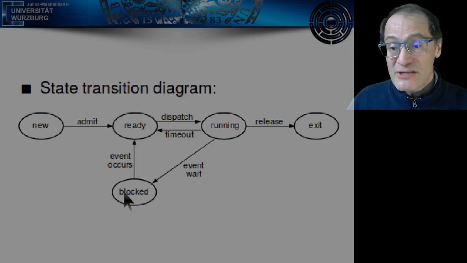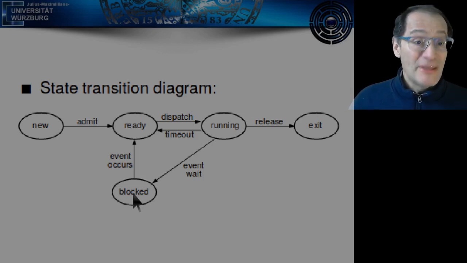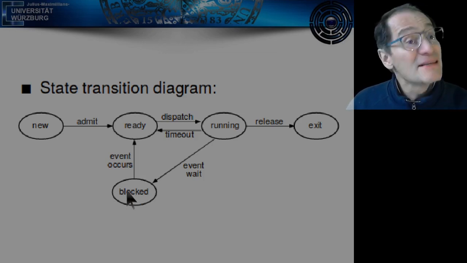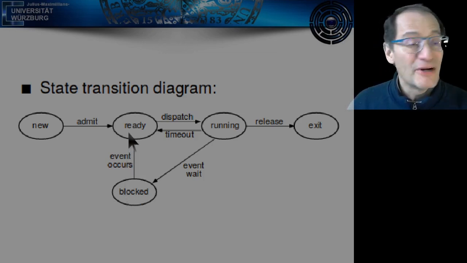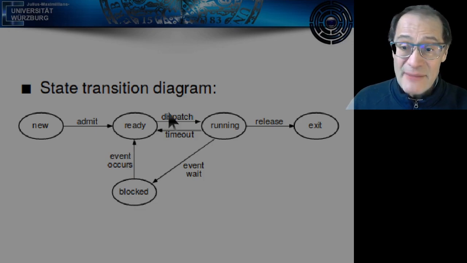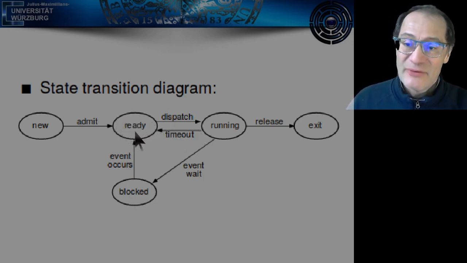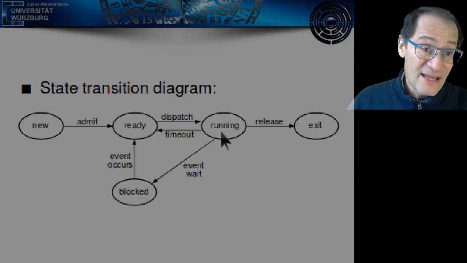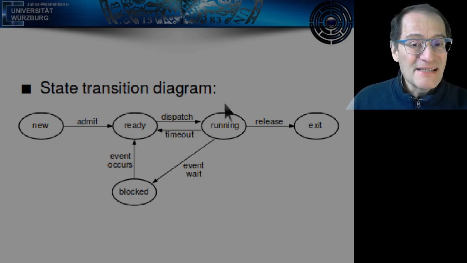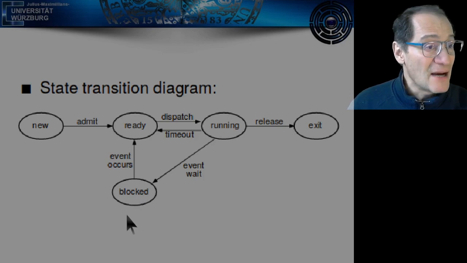Or maybe it was waiting until a time point. When the time point arrives, for example at 12, then we say this task can continue working, and then it will be ready. And the next time we have the possibility, this will be dispatched again, then we take it from ready and it will be executed again. This is the most simple state diagram of a task.